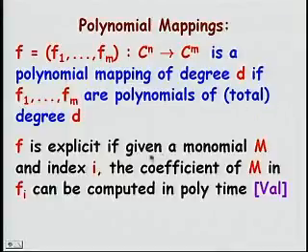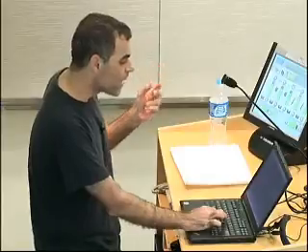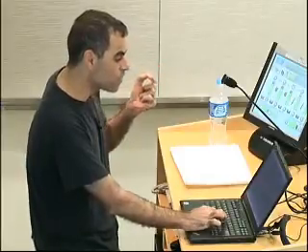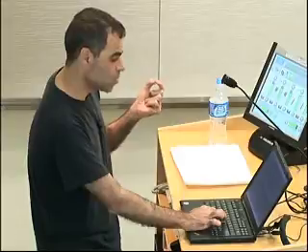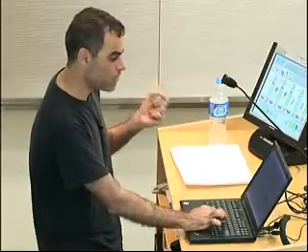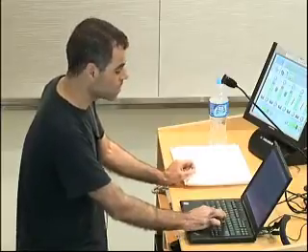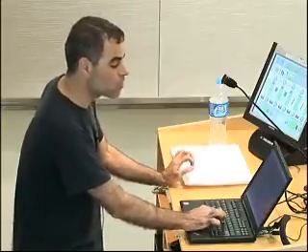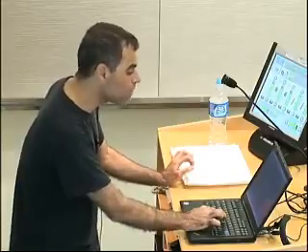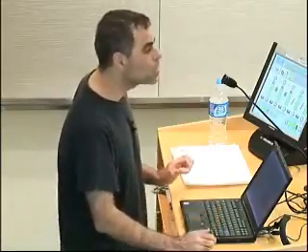Given a monomial m and an index i between 1 and m, the coefficient of the monomial m in the polynomial fi should be computed in polynomial time. That's what I mean by explicit. Actually, the definition is even more general, but in particular, this will be explicit.